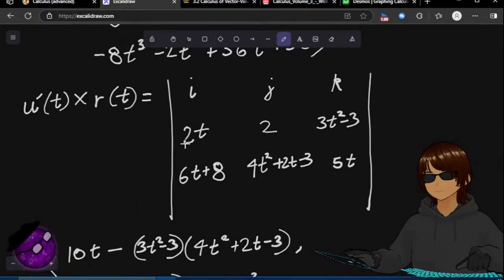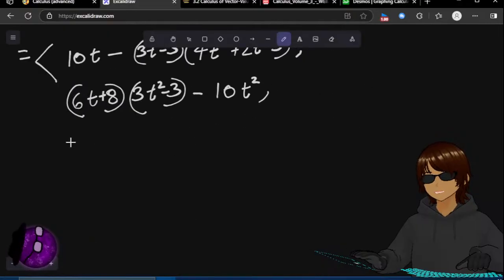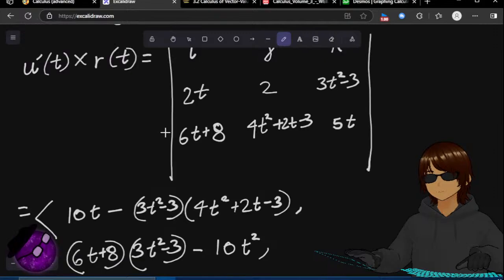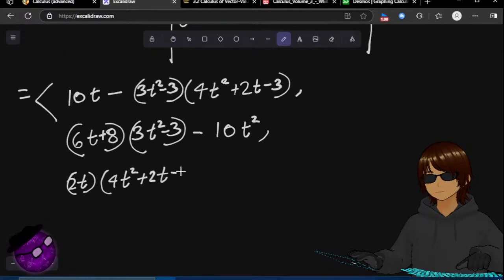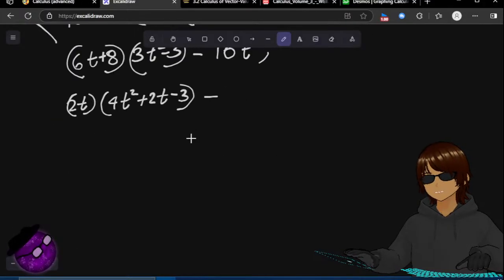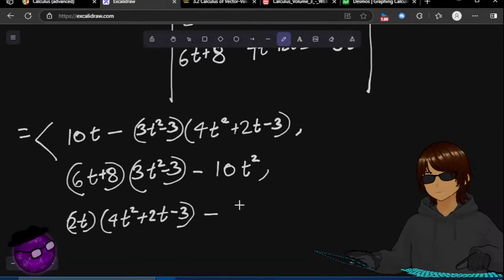Now then we have 2t times 4t square plus 2t minus 3. Then subtract that with 2 times 6 is 12t minus 16.